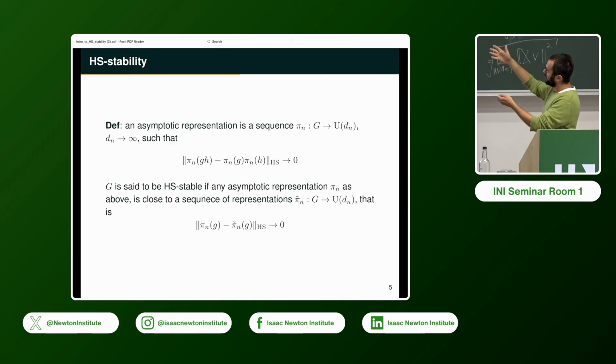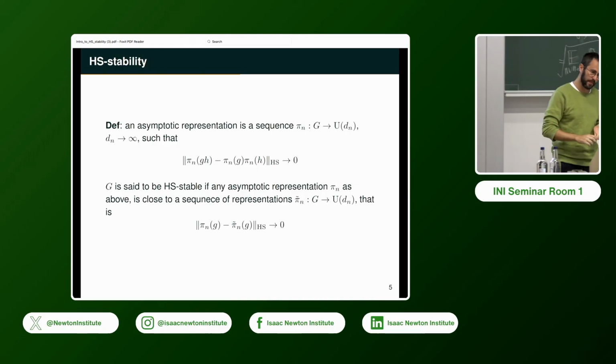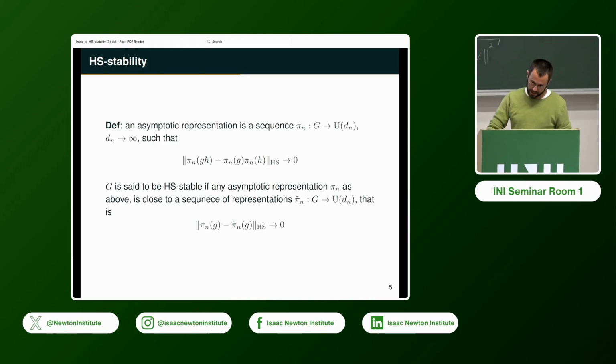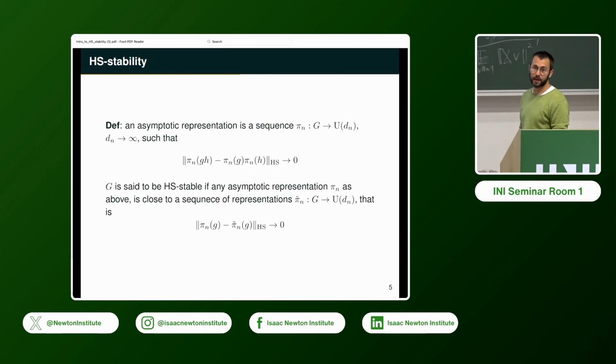But I guess the fact is that this is equivalent to a definition that you would write if you use relations, a presentation of the group, generators and relations. Okay, so now I'm going to give examples, and I tried to give all the results I know about Hilbert-Schmidt stability, but if I missed anything, please let me know, because I probably missed a few.